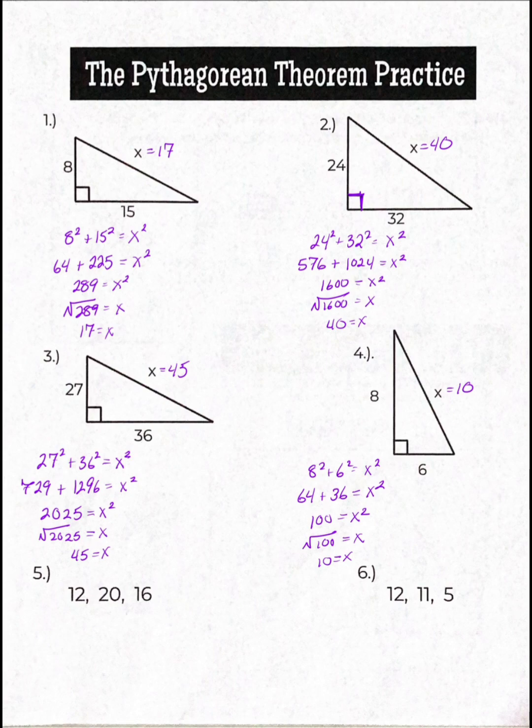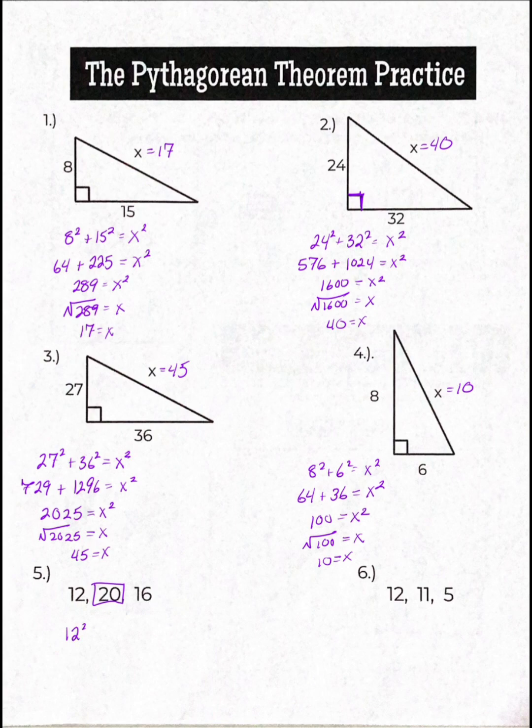Down here on the bottom, 5 and 6, this is just reminders of what we did yesterday, figuring out is this a right triangle or not. So the key to this is the biggest number is going to be your hypotenuse, because your hypotenuse is always, always, always going to be your biggest number. So in this case, my biggest number here is 20. That's going to be my hypotenuse.